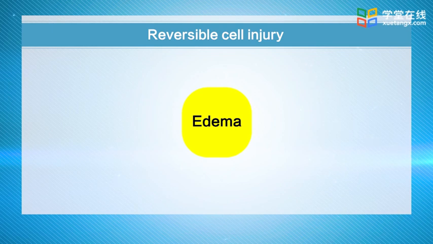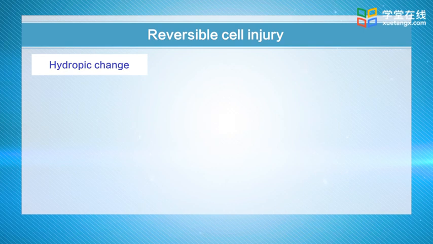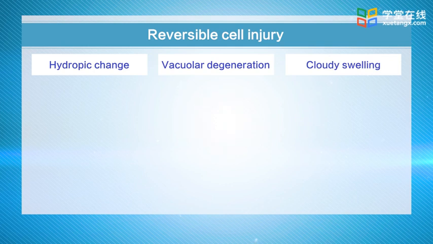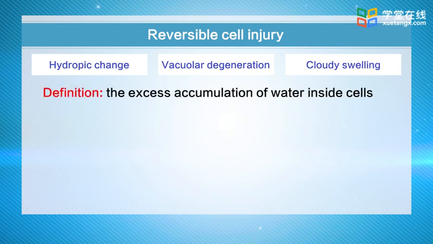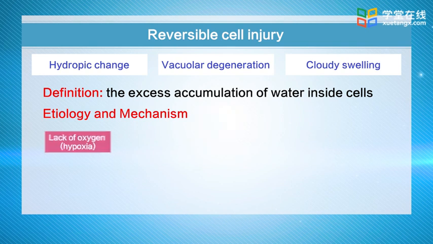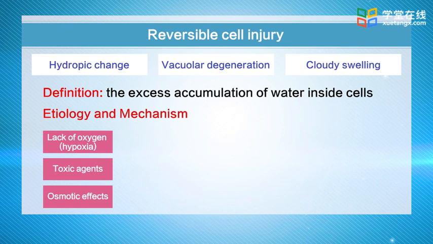There are several terms used to describe edema, such as hydropic change, vacuolar degeneration, or cloudy swelling. It is the excess accumulation of water inside the cells and the first manifestation of almost all forms of cellular injuries. Intracellular edema is a common response to many different etiological factors, including lack of oxygen, toxic agents, and osmotic effects.